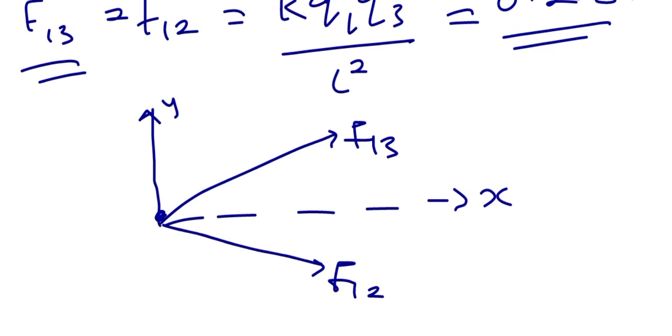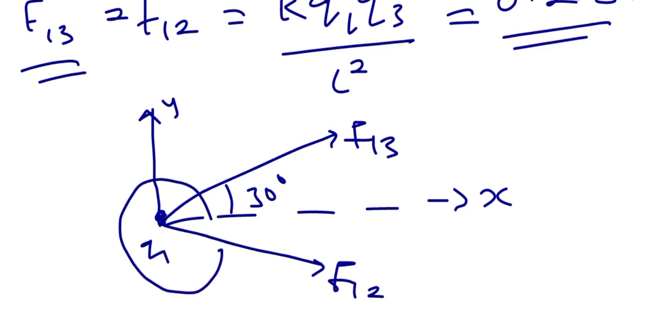We know this angle is 30 degrees, the angle F13 makes with the x-axis, because here is Q1. The angle from the x-axis to F12 is 330 degrees, or minus 30 degrees, but we want it in positive form.